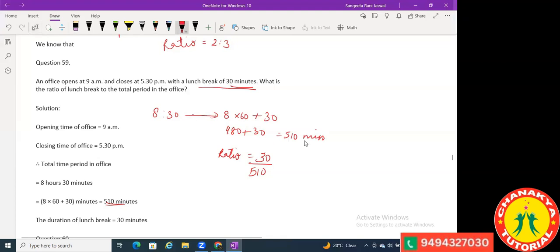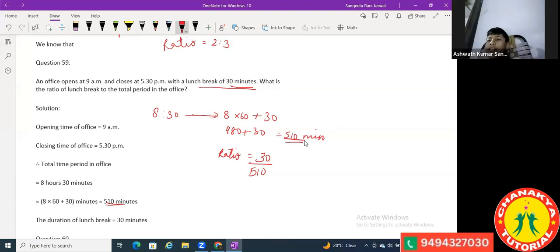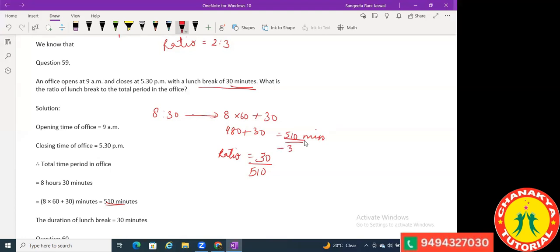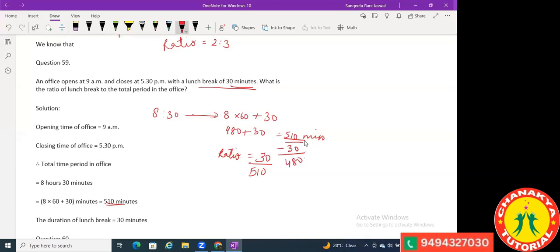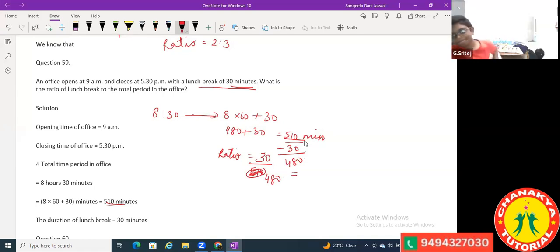Out of 510, we have to reduce 30 minutes of the lunch break, so it is 480. Instead of 510 here, you will write 480.